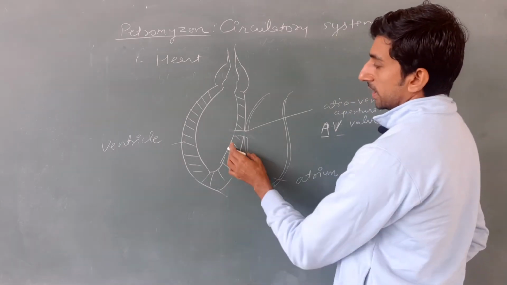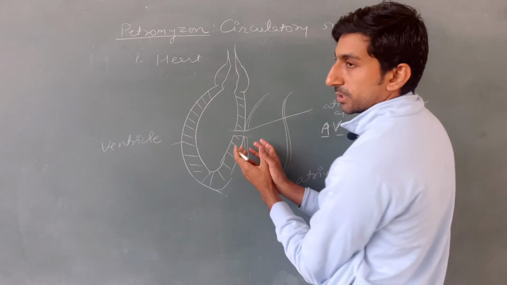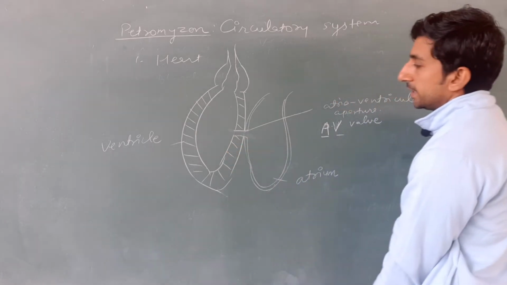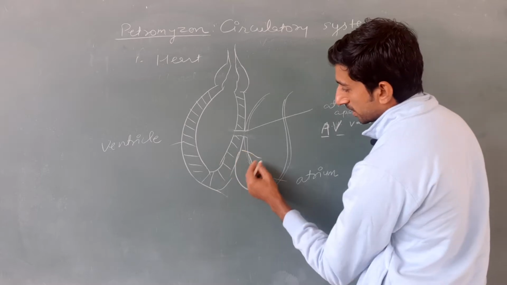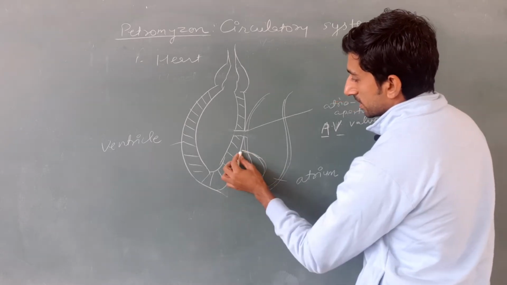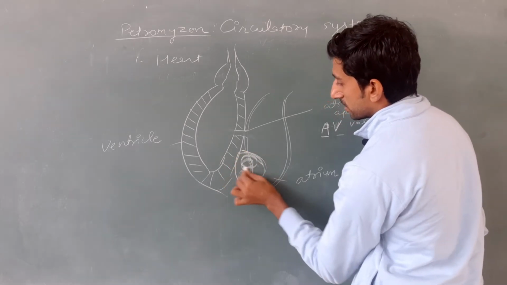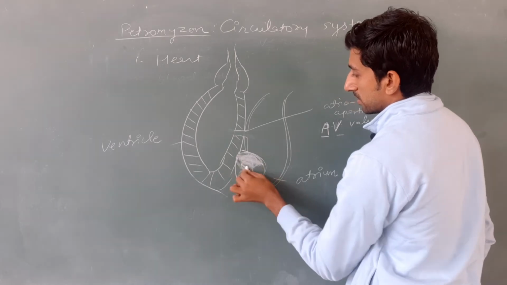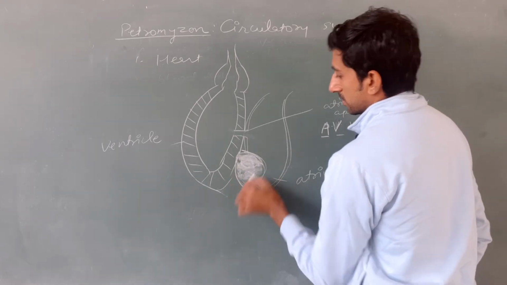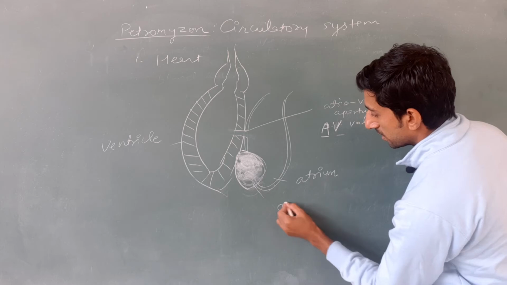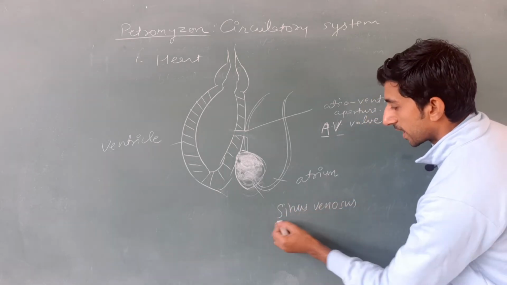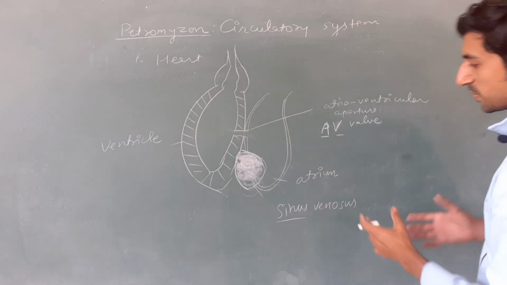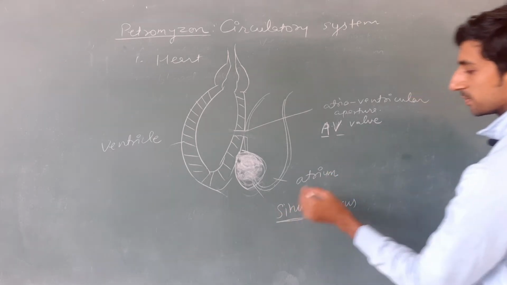Now, in the depression between these two chambers is present the sinus venosus. The accessory chamber is present here, sinus venosus. Sinus means space, a spacious chamber, simply space.